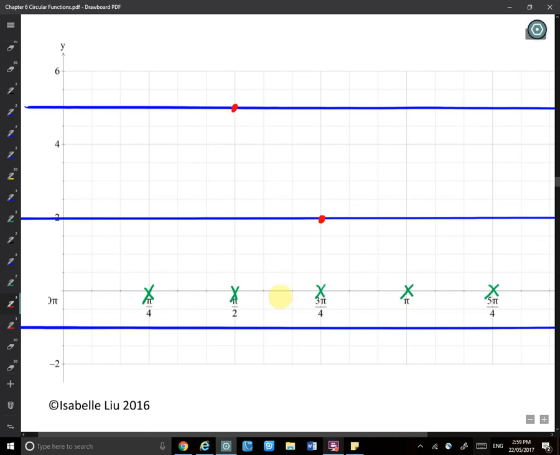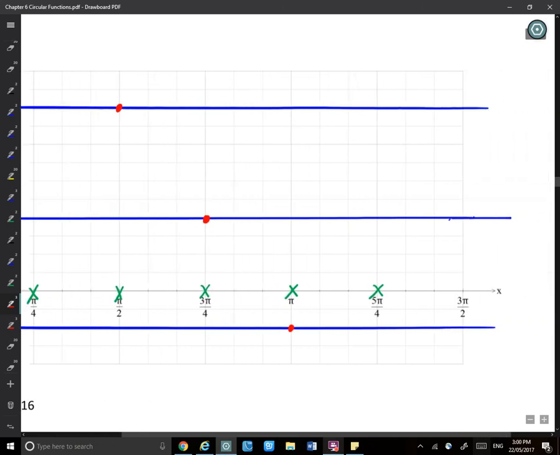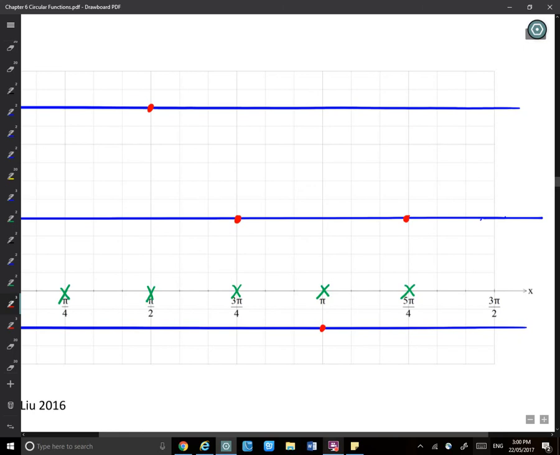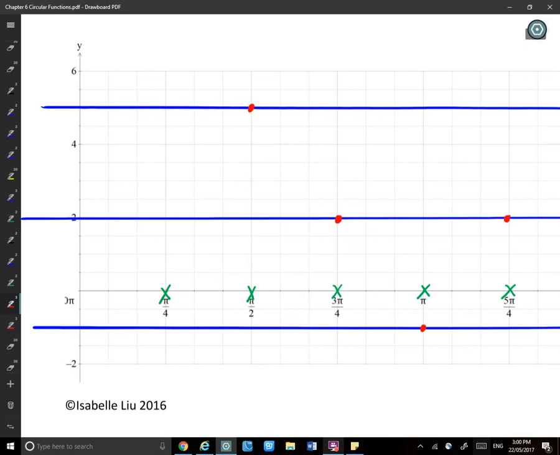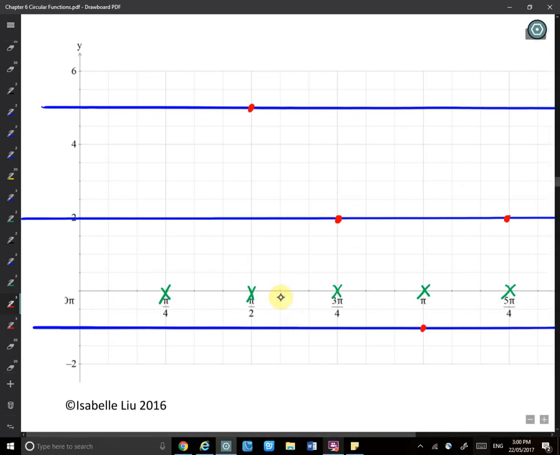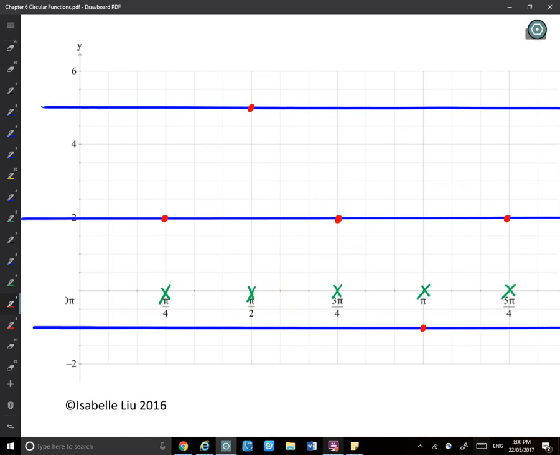And if you take a horizontal step of pi over 4, the point will move as well. So this point will move to the mean. And from the mean, the next step we will move to the minimum. And then we'll move to the mean as well. You follow this pattern to move. And then go to the left, we have left endpoints as well. For the left one, you move to the mean, then the mean to the max, then max back to the mean.